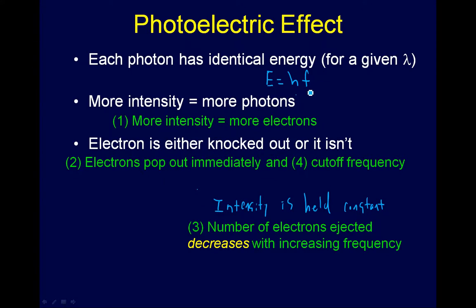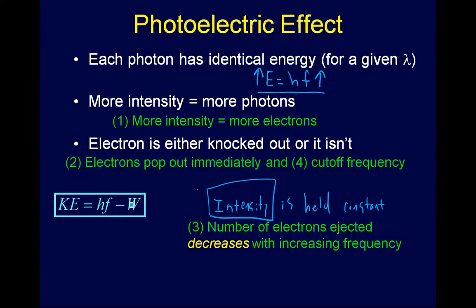If you look at this equation, if the frequency increases, the energy of each photon increases. If the intensity is held constant, and intensity is the energy delivered to that area per time, and each photon has more energy, the number of photons will decrease. Thus, the number of electrons ejected will decrease.